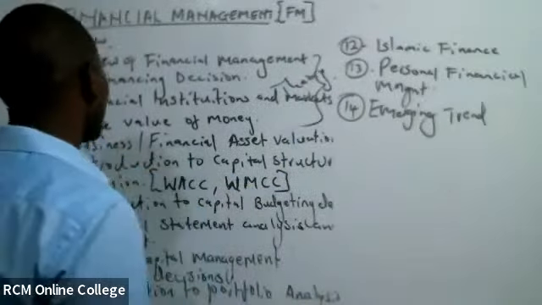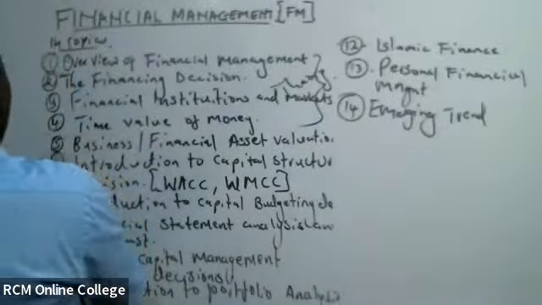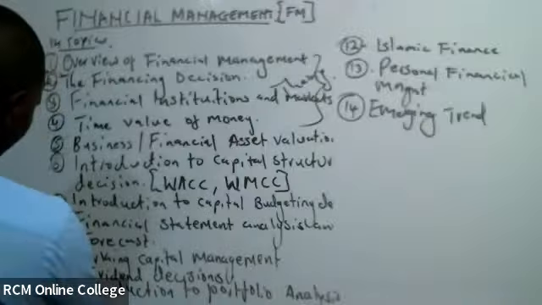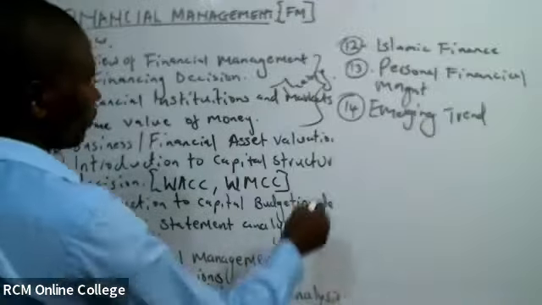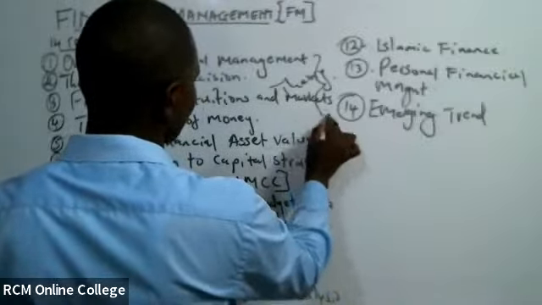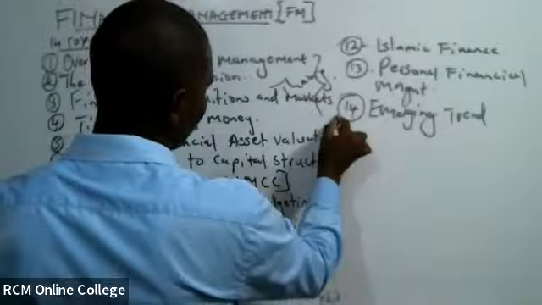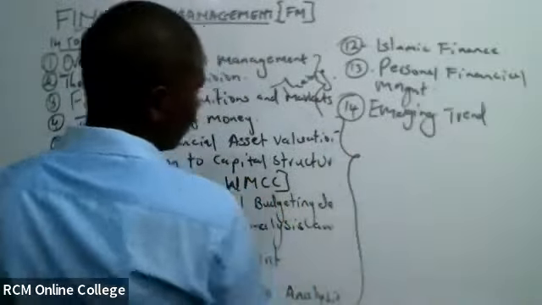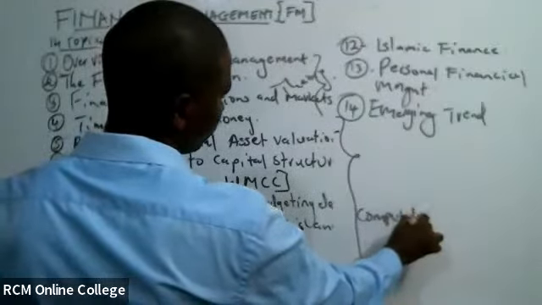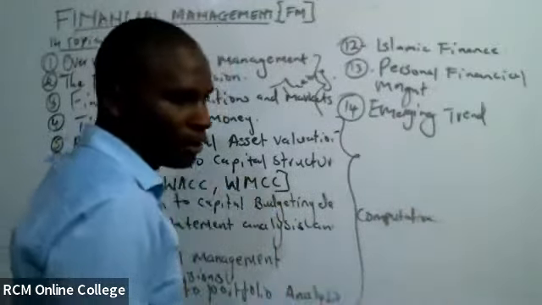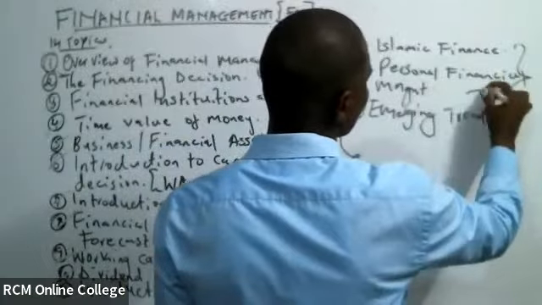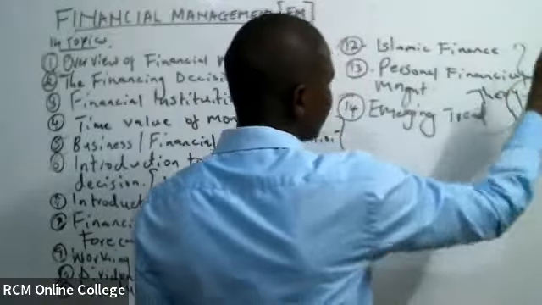From topic 4, 5, 6, 7, 8, 9, 10, 11, they are computation topics. Now, from time value of money, these are computation. Aha. The last three here, they are also theory topics.